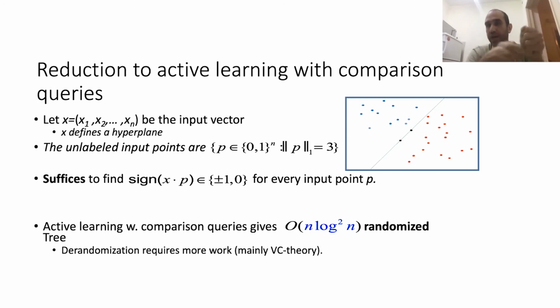So if we are able to determine for every one of these n choose 3 points whether it is on the positive side, on the negative side, or on the hyperplane, then we learn much more than just whether there exists one that sums to 0. We learn the sign of the sum of each and every triplet. So this is very simple, and this was essentially the most complicated step in the reduction from the active learning to this problem in our solution.